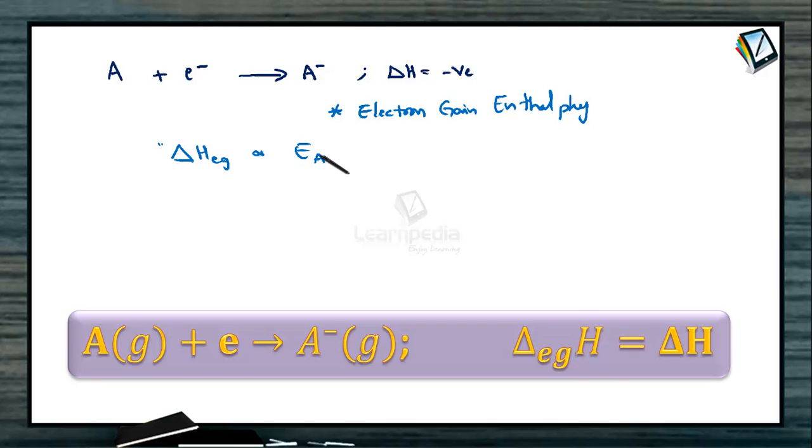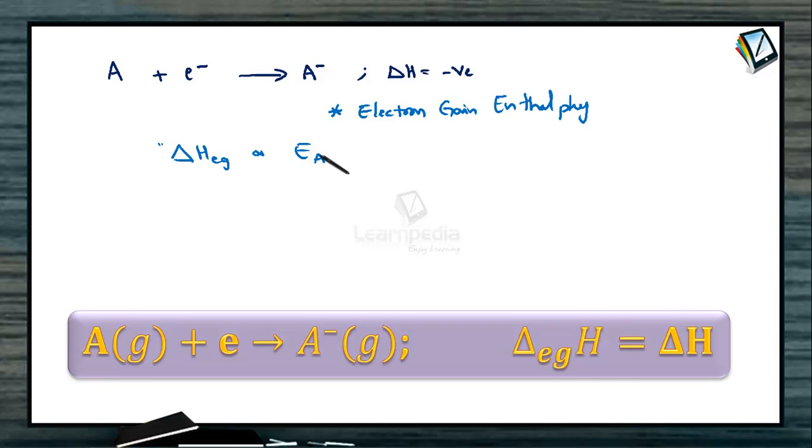By the reaction, this is the energy when the isolated gaseous atom absorbs one electron, forming a monovalent anion. In this process, some energy is released.